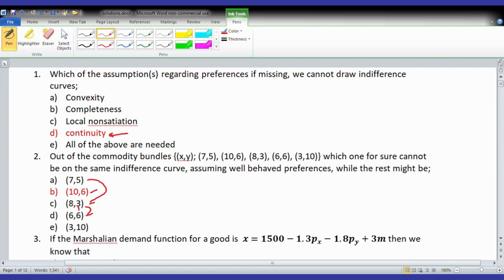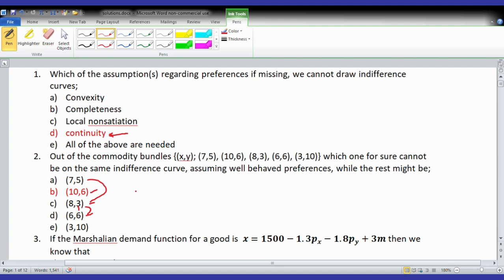Similarly, see that 10 is greater than 8, 6 is greater than 3. Again, comparing C and B, B should be on a higher indifference curve. Similarly, 10 is greater than 6, and so B is the bundle which is probably on a higher indifference curve.